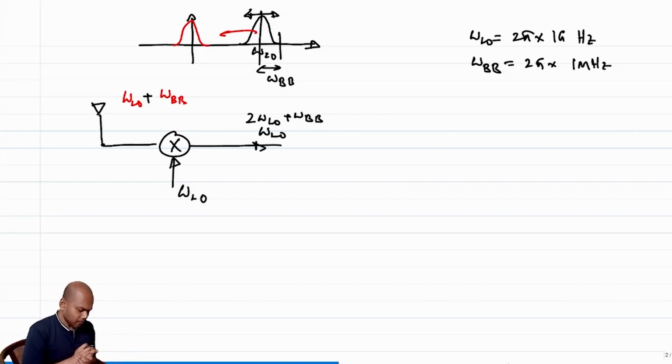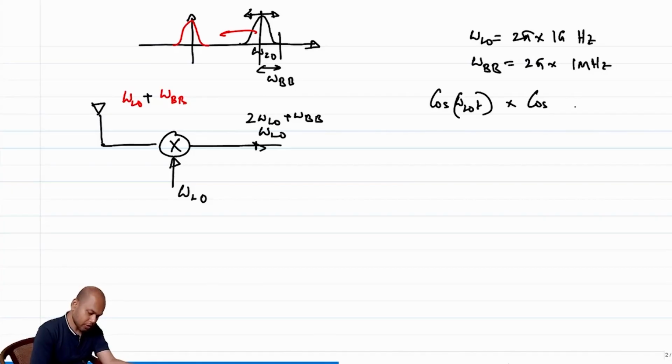Okay. So now if I again take some numbers, what do you see? What is this 2 omega LO plus omega BB? Essentially I am getting two sinusoids, right? I am getting cos omega LO t times cos (omega LO plus omega BB) t.